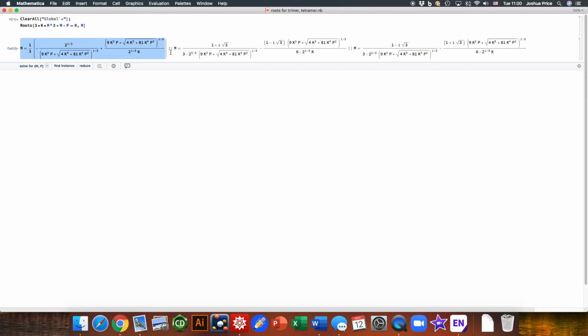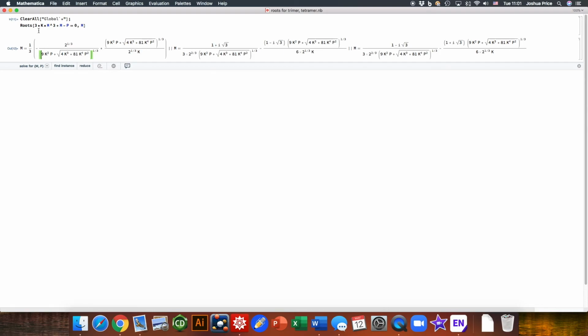By the way, they're separated by these double bars, and then you've got m equals this expression, m equals this expression, and m equals that expression. It's a cubic polynomial, so by definition there have to be 3 roots, though they don't all have to be real. They can be complex.